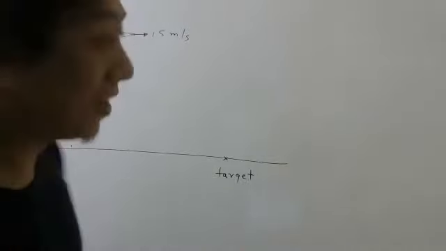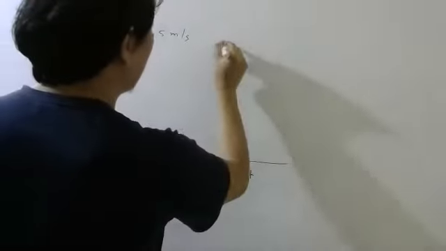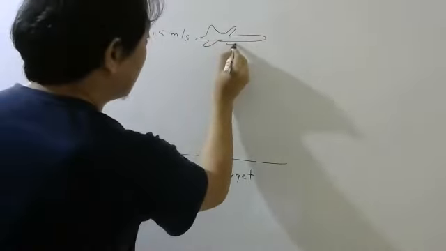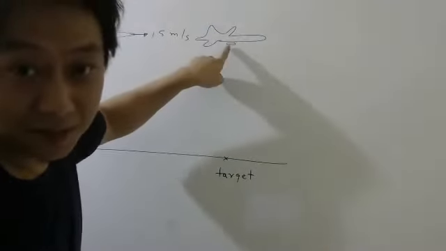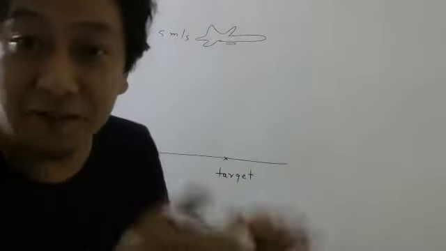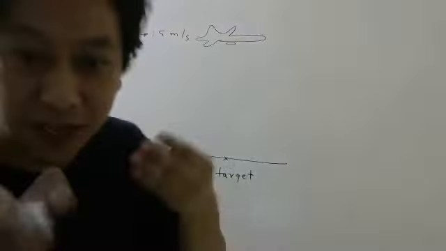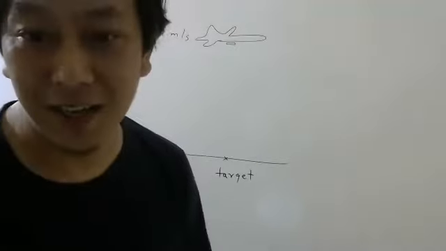Obviously, no, sir. If you release when the aeroplane is here, this missile also has the same velocity as the aeroplane or not? Yes or no? First, you tell me. When I am moving, my kidney and I have the same velocity. Why? Because my kidney is inside me only.